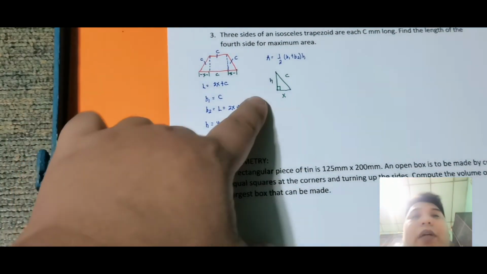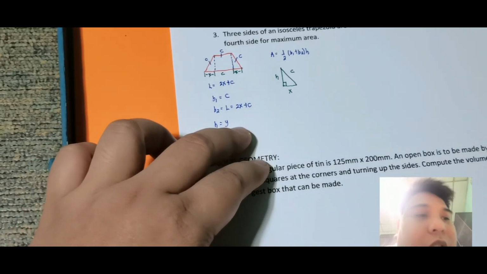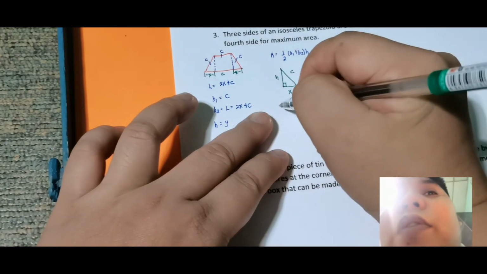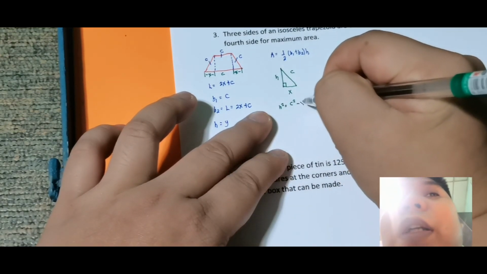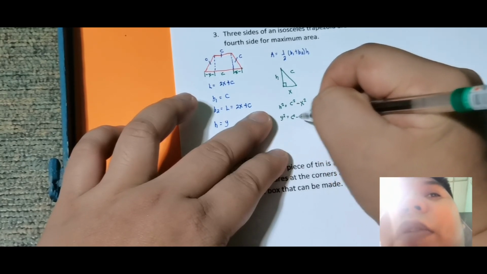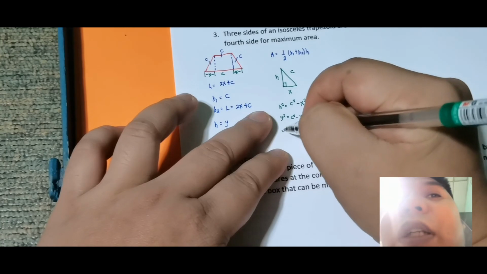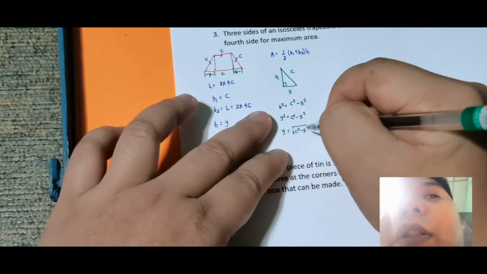Okay, so para makuha yan, that is h squared by Pythagorean theorem is equal to c squared minus x squared, or simply this is y squared is equal to c squared minus x squared, or simply y is equal to square root of c squared minus x squared.